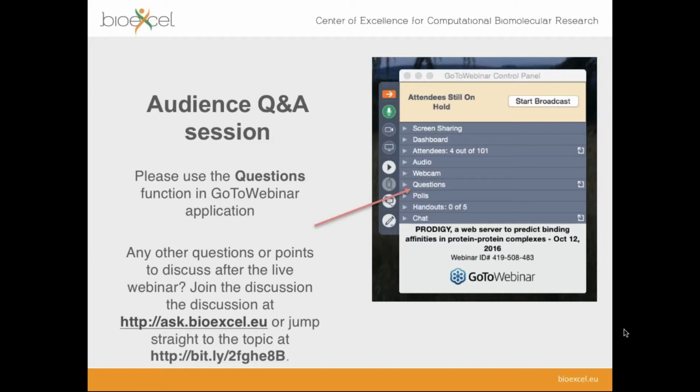What is the largest scale calculation that has been done? In a collaboration with Emory University here in the US, we analyzed 800 whole genomes simultaneously. It took about 5 days, and that was a lot of compute.